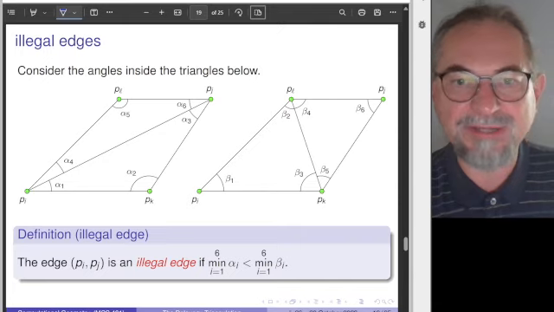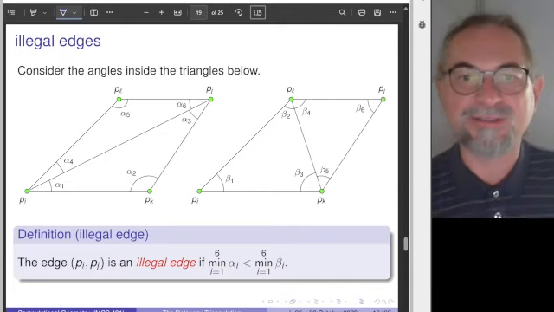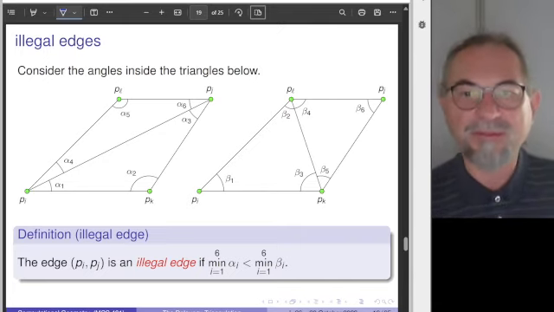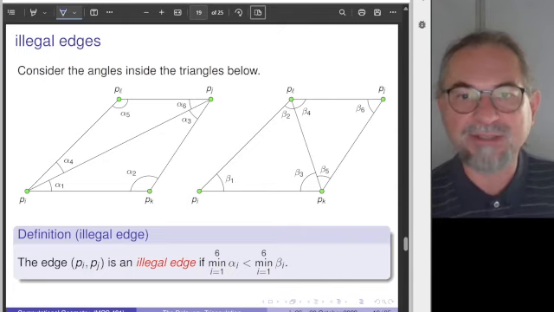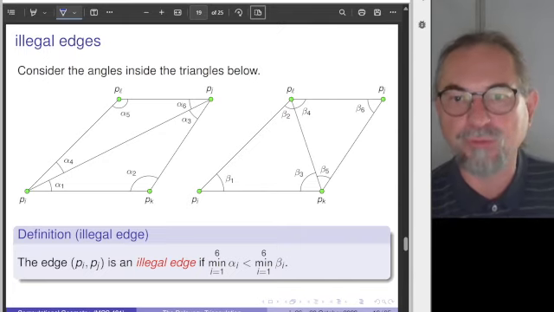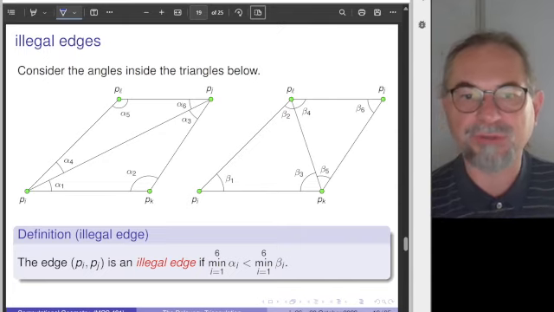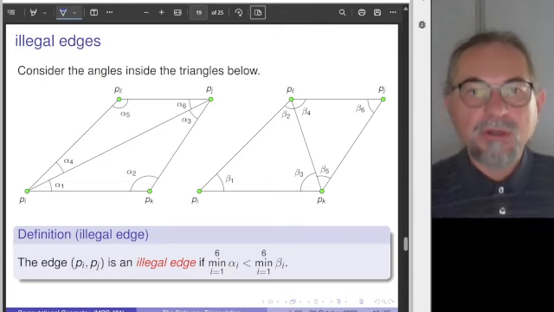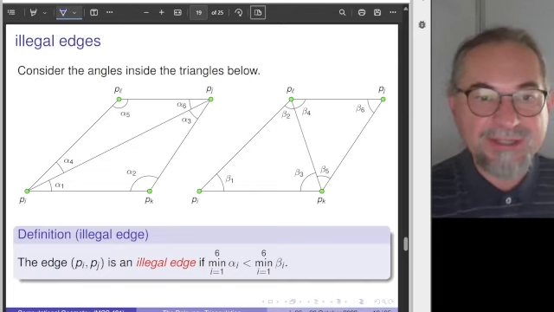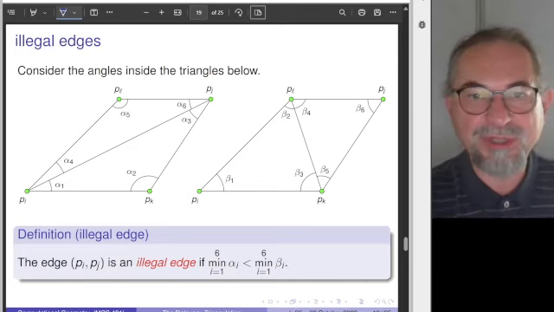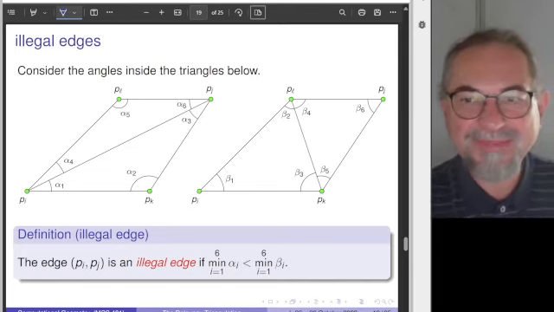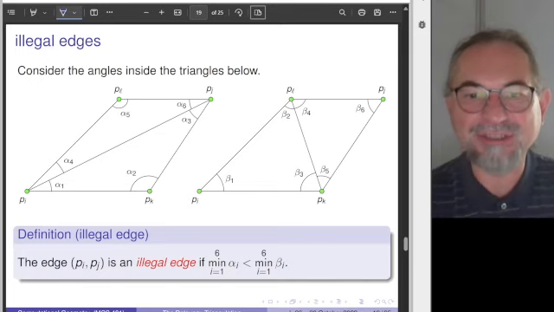It seems now that alpha 6 is the smallest angle, but it is smaller than beta 2, which seems to be the smallest angle from the other triangulation. So therefore, the edge PiPj is an illegal edge.